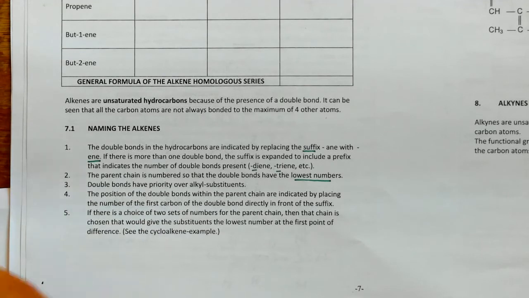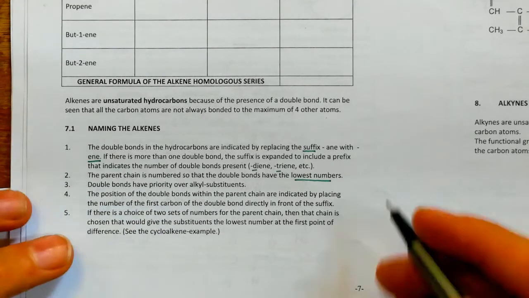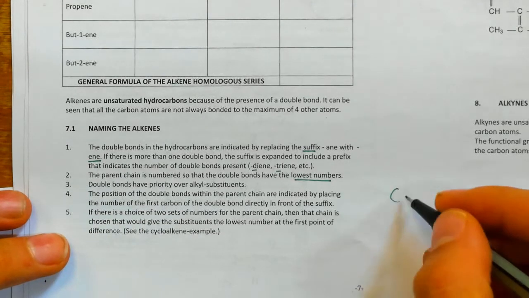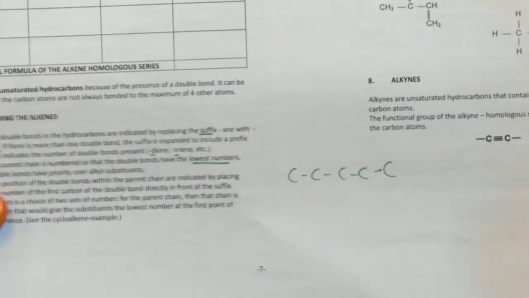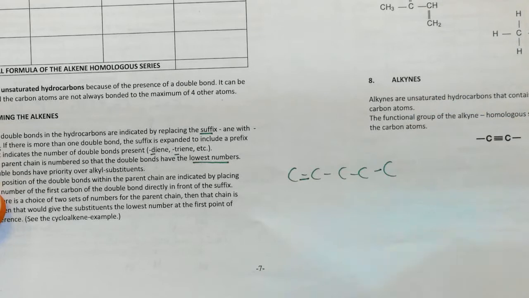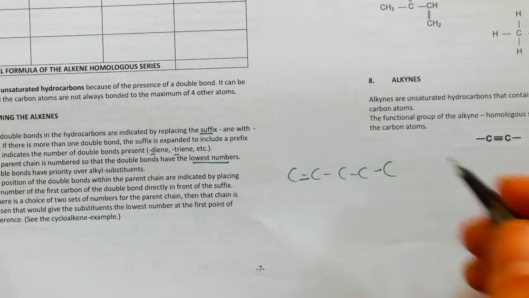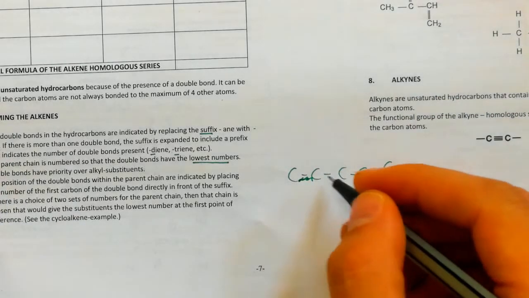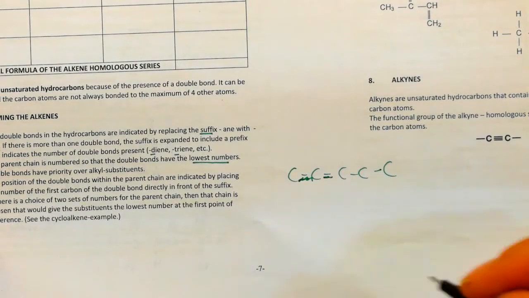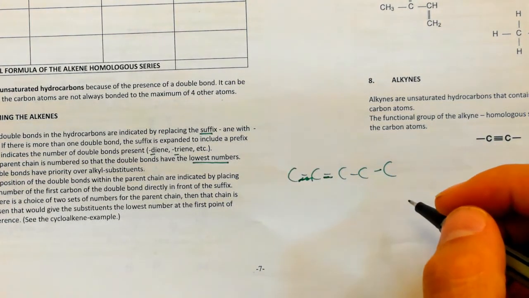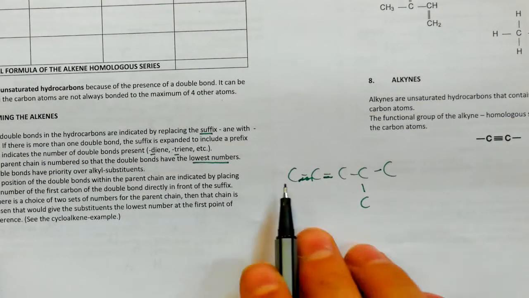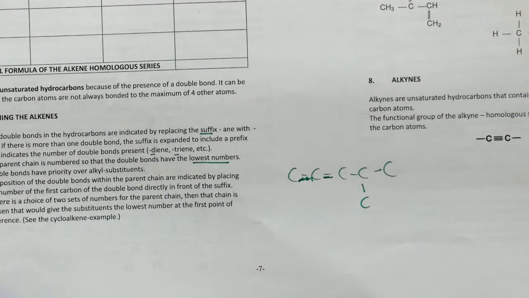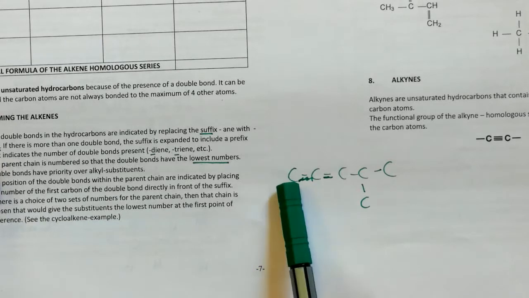Meaning, if you have a structure as follows, if the double bond is on carbon number 2 and you have a methyl group there, from which side will you start numbering? You'll start numbering from the left-hand side.